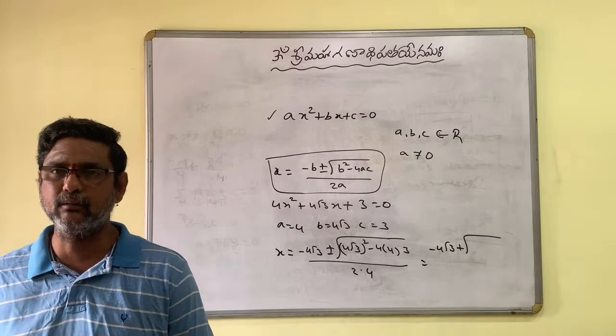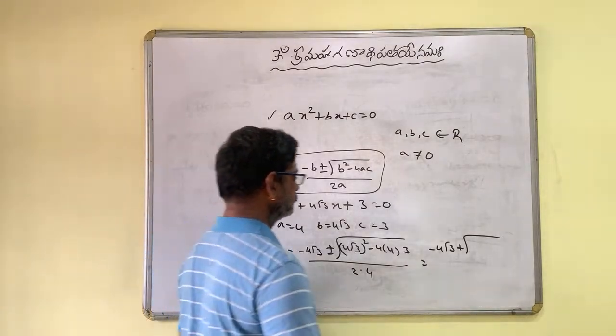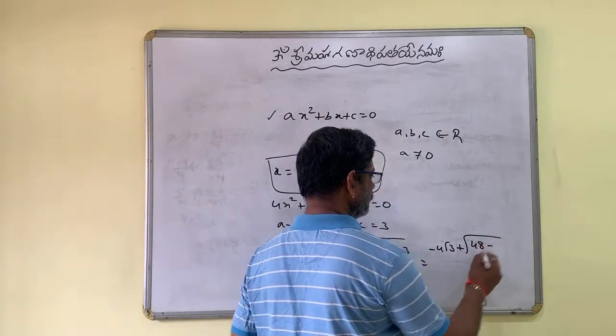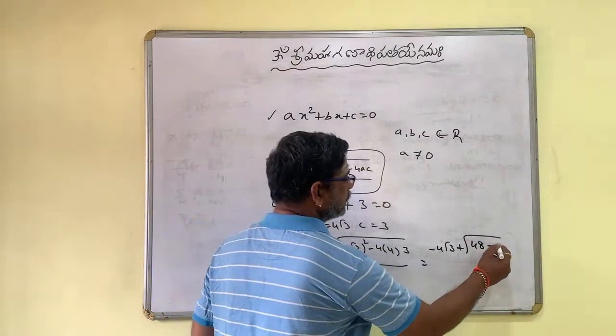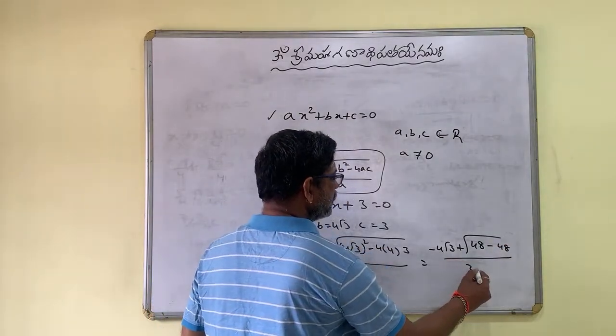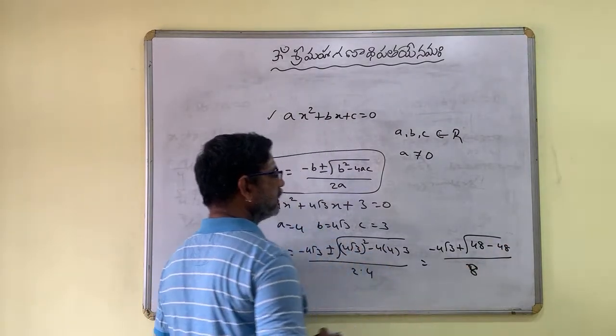So 4 root 3 whole square becomes 48. Minus 4 into 4 into 3, 4 fours are 16, 16 threes are 48. By 2 into 4, it becomes 8.